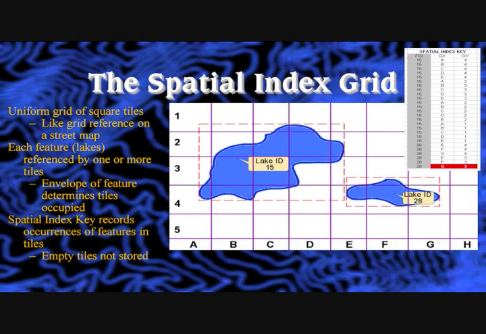However, while the feature itself doesn't exist, the envelope of the feature does. You see that red dashed line? That's the extent of the envelope. So that's another term that you will probably bump into as you're using ArcGIS and reading things about ArcGIS, this concept of the feature's envelope.